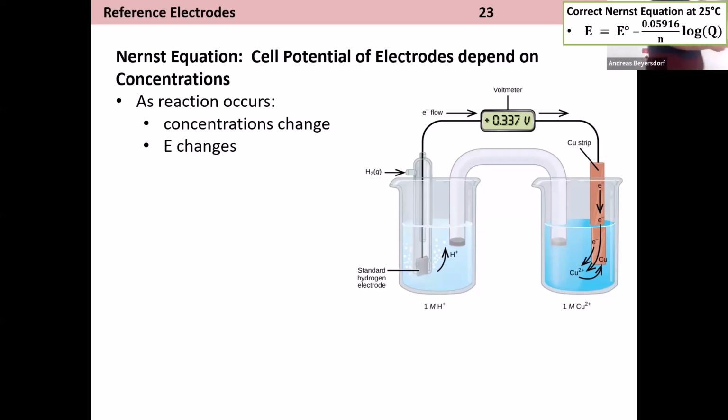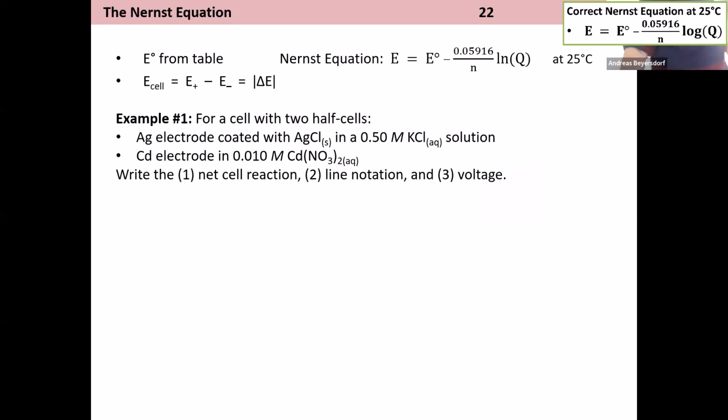Okay, so what we just calculated in this example was at the very beginning of the reaction. But as the concentration of Cl minus changes and as the concentration of cadmium changes, the cell potential will change.